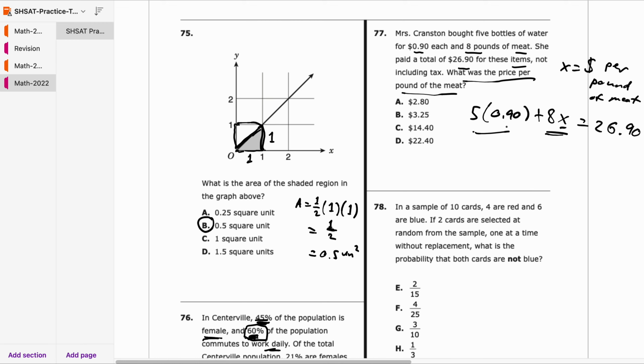So 5 times 0.9 is 4.5, plus 8x is equal to 26.90. Now we're going to subtract 4.50. This cancels out, and we're left with 8x is equal to, let's do this subtraction, 22.40.